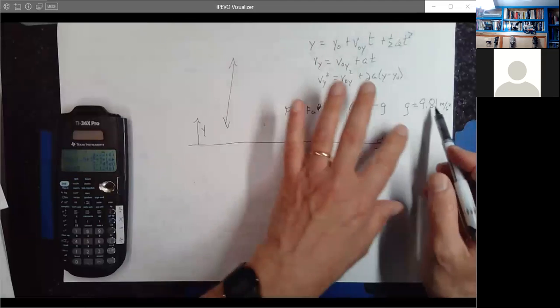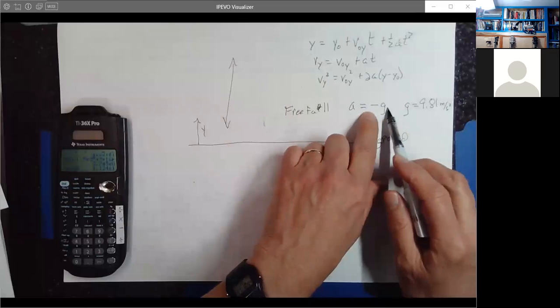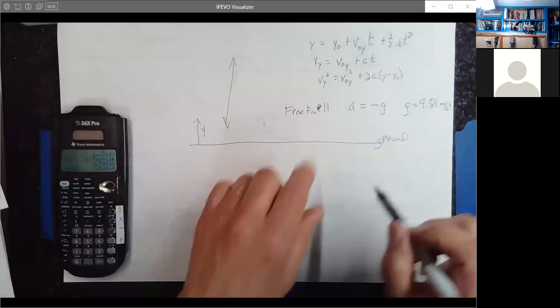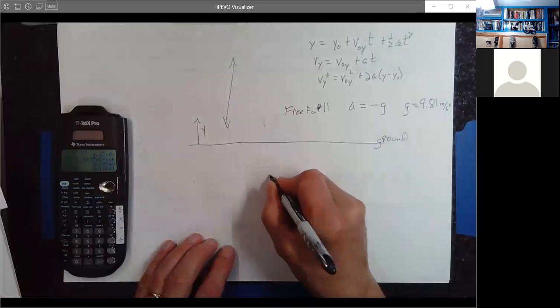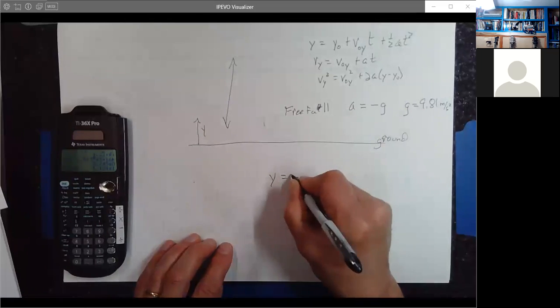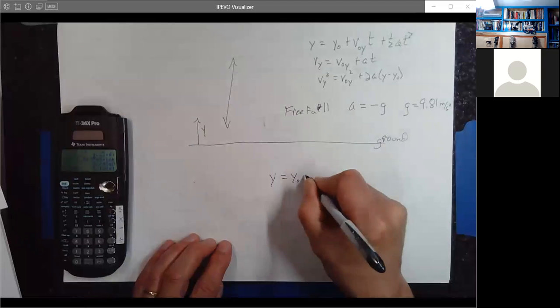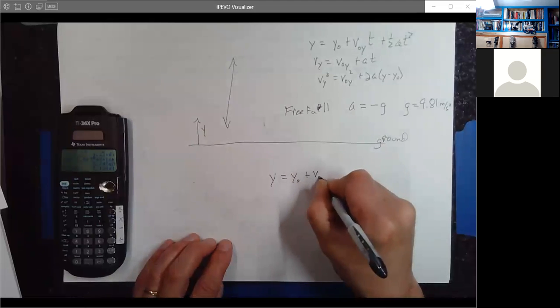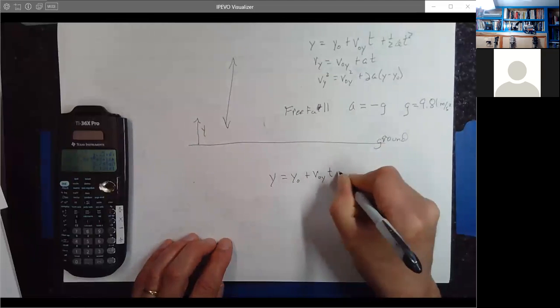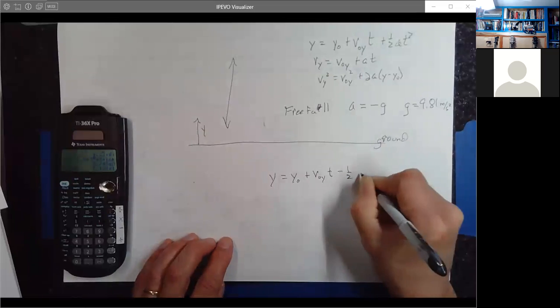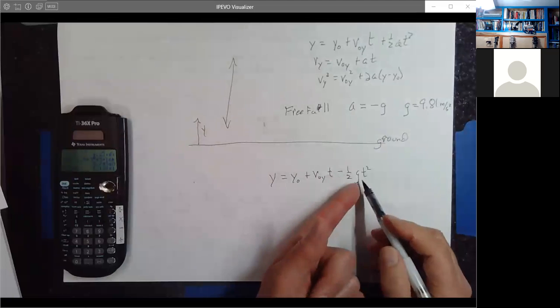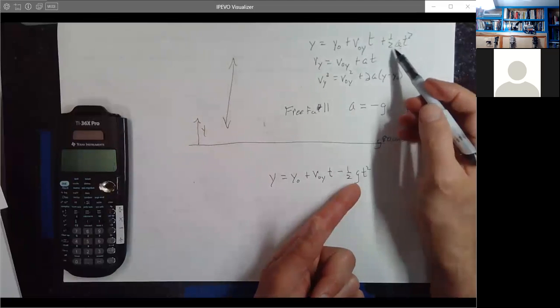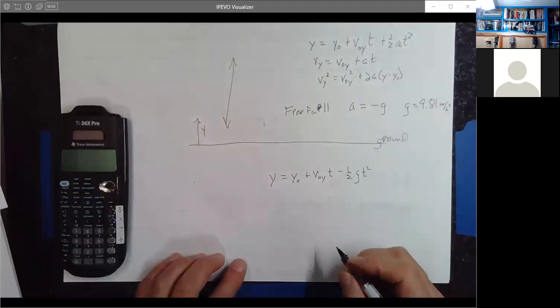So that changes. When the acceleration is this minus g, it'll change my equations into looking like this, and these will be my free fall equations. y is going to equal y naught plus v naught y t minus 1/2 g t squared. Okay, when the acceleration is negative g, that makes this have a minus sign in front.